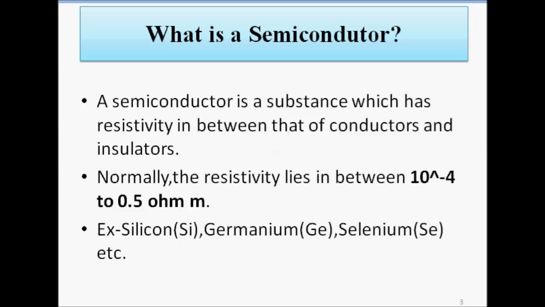So what is a semiconductor? Obviously, the name suggests that it is half of that of a conductor. Well, a semiconductor is a substance which has its resistivity lying in between that of conductors and insulators.